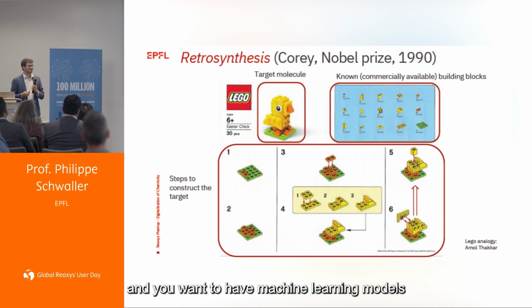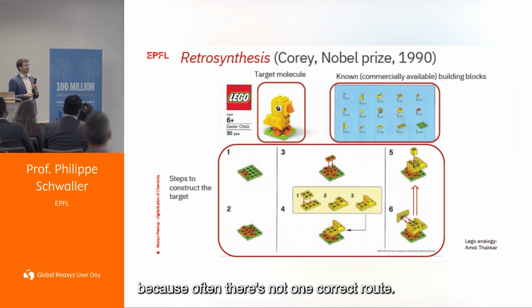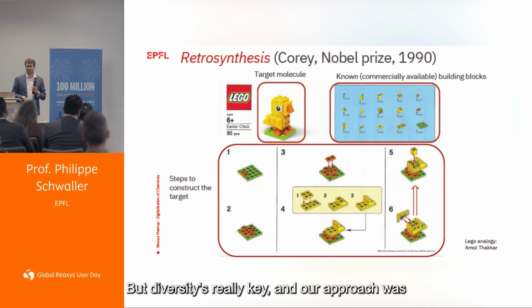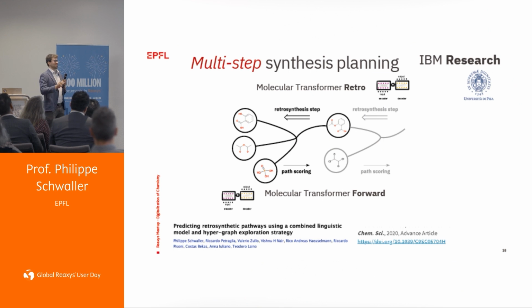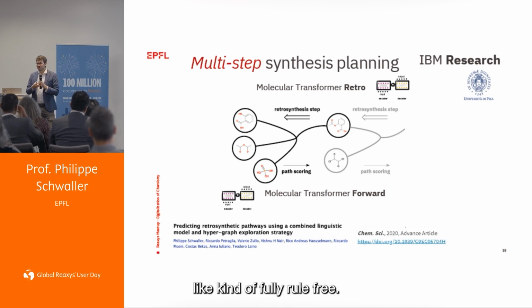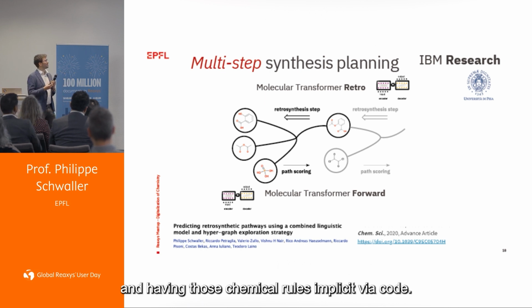And you want to have machine learning models that can help you to suggest really diverse routes, because often there's not one correct route, but diversity is really key. And our approach was fully rule-free. It was just the models learning from a lot of data and having those chemical rules implicitly encoded.